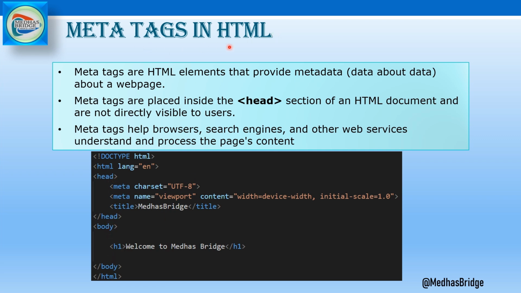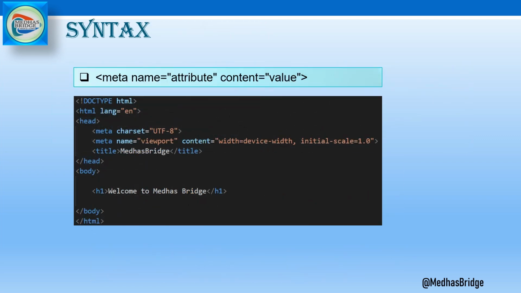So these metadata tags should go into the head section. This is an example of metadata tags. Meta. Here is the syntax: meta, name equal to attribute, content equal to value.